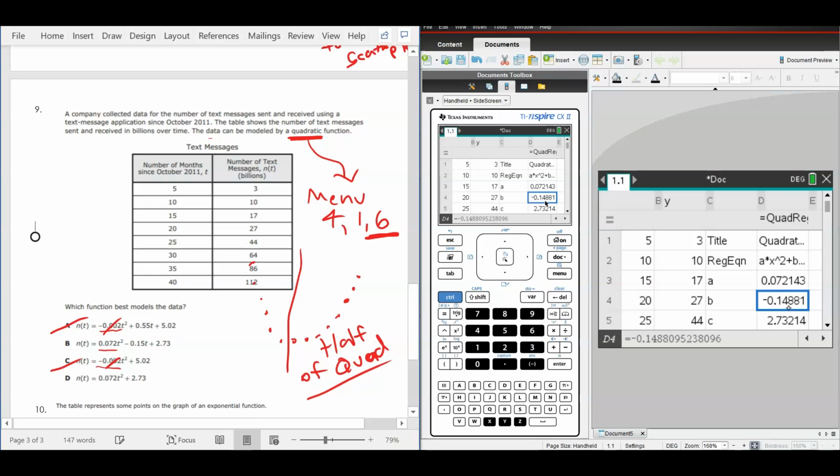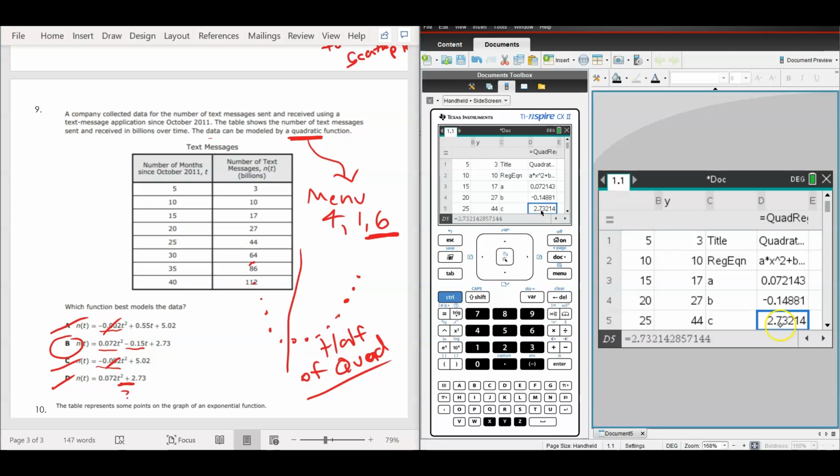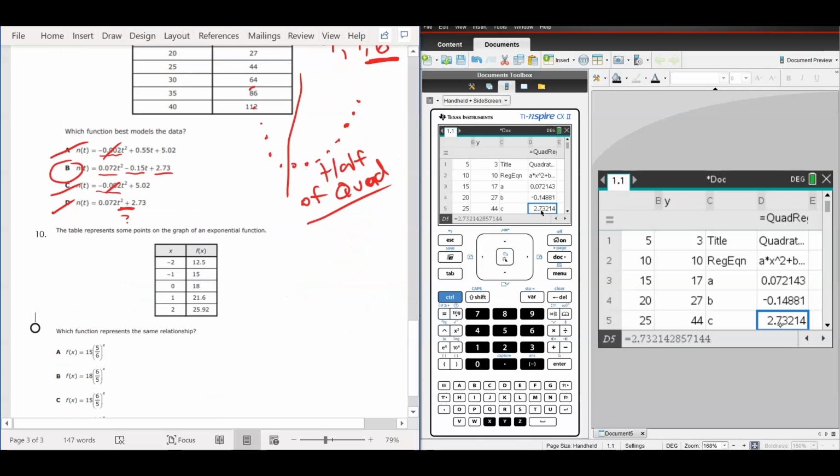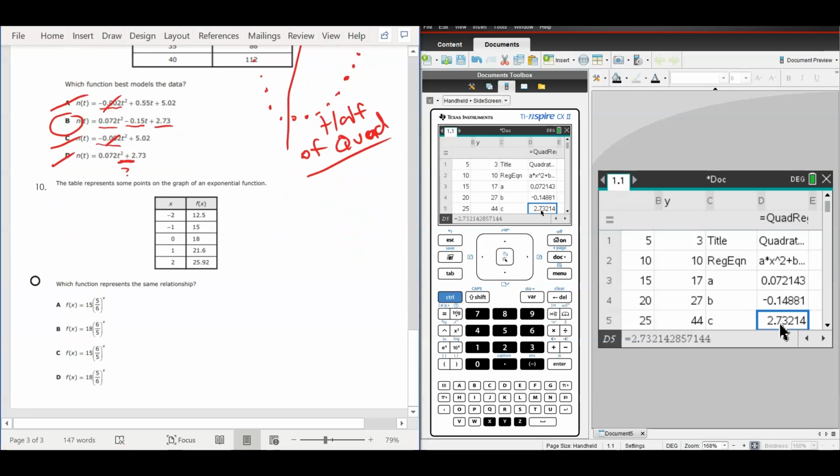So again, without looking at A or C, now it's negative 0.15. Perfect. Where is it here? It's not. And then the 2.73 is there. Cool. All right, and then last but not least, this one says, like the last one, what it is.